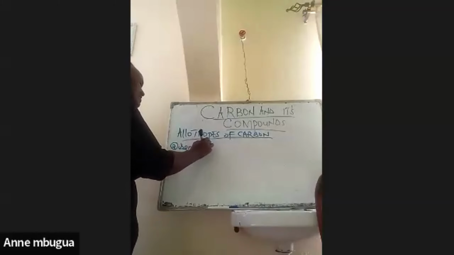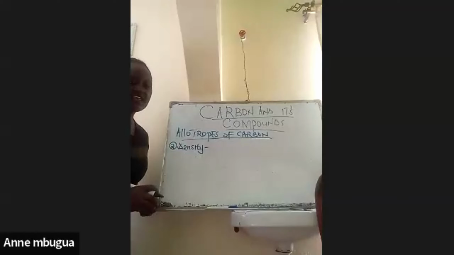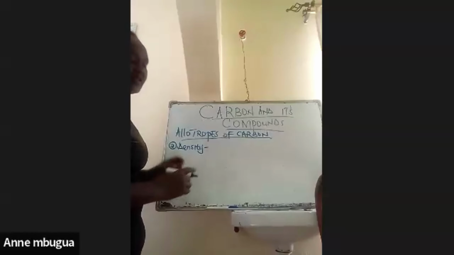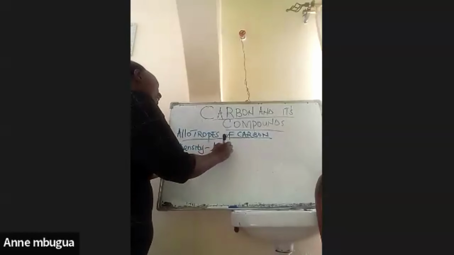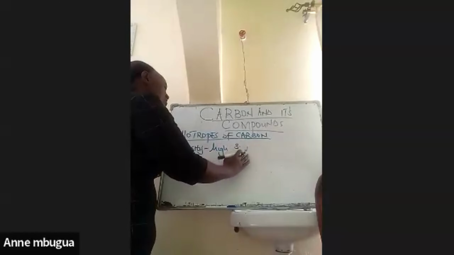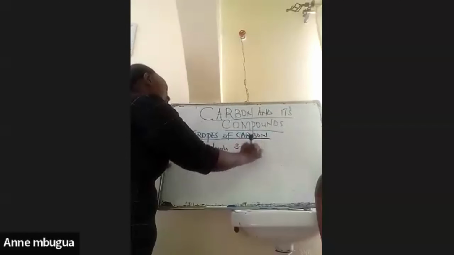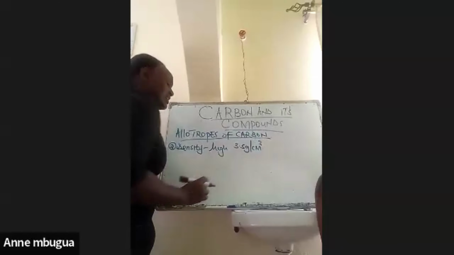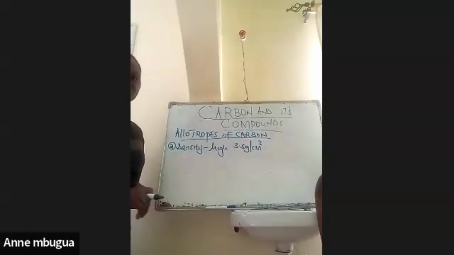Diamond has a high density of 3.5 grams per centimeter cube.